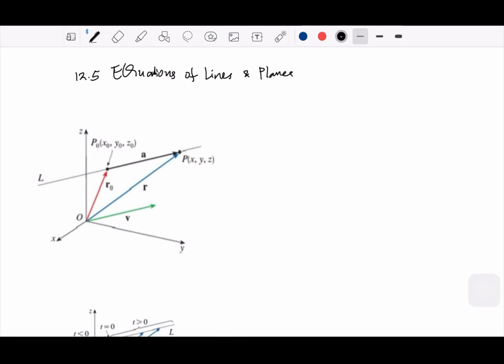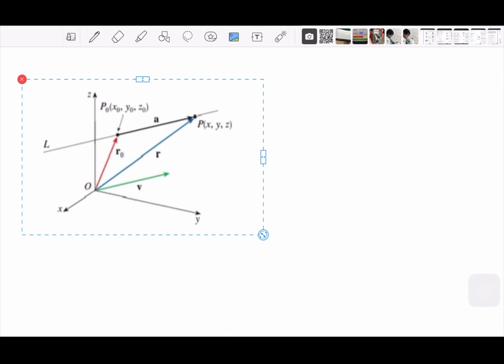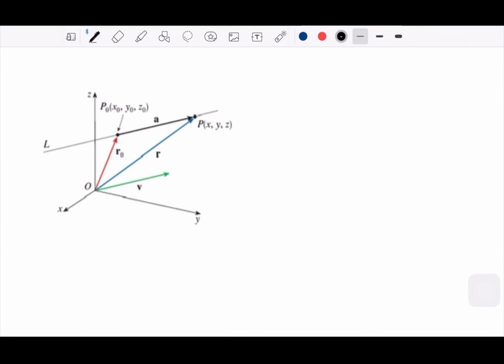Okay, so if we have a space coordinate at P0, let me make it a little bit smaller. Okay, maybe it's better. Let's say we have this P0, with X, Y, and Z. This is what we call our starting position, and we have the position vector R0.